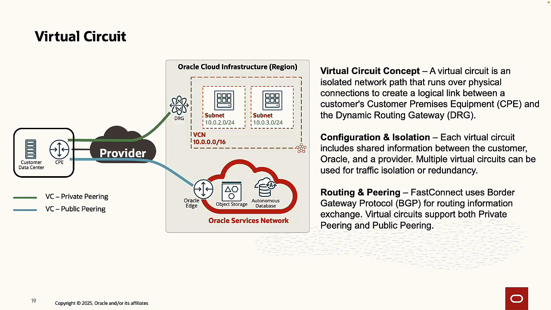So we have public peering and private peering. Private peering is extending your existing infrastructure into a VCN, for example, to implement hybrid cloud or a lift and shift scenario. Communication across the connection is with IPv4 private addresses, which is the RFC 1918 range, class A, B, or C. Public peering is to access public services in Oracle Cloud Infrastructure without using the internet.